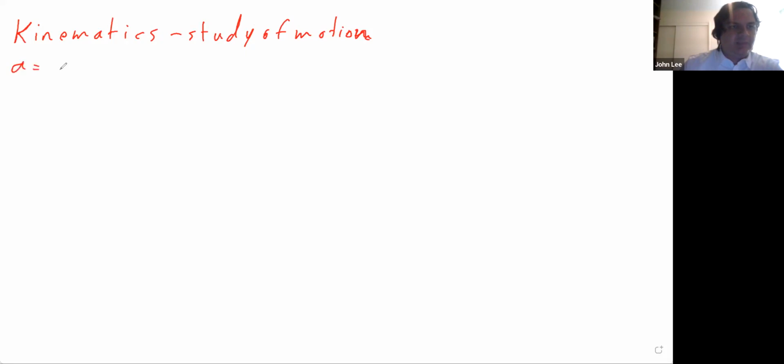So A equals the average acceleration, which is equal to a constant. So if that's the case, then A of t equals A.